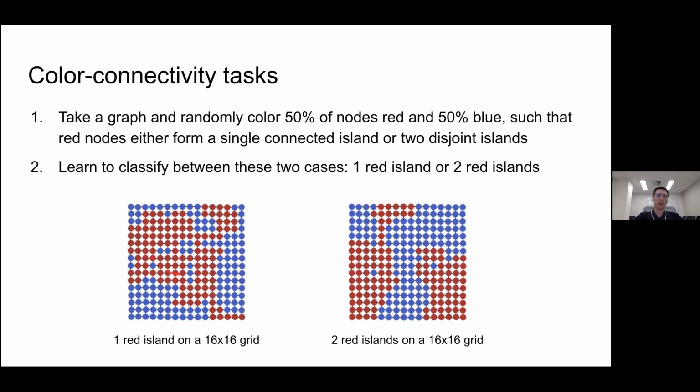So you can see it here on the left side. Here the red nodes are connected, and here on the right side they form two islands. And the task then for the GraphNet is to predict whether it's one or the other case.